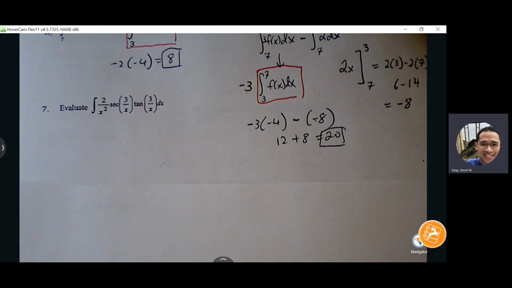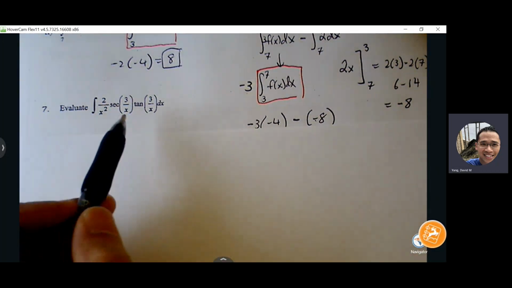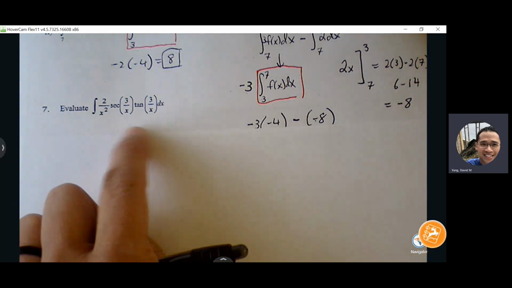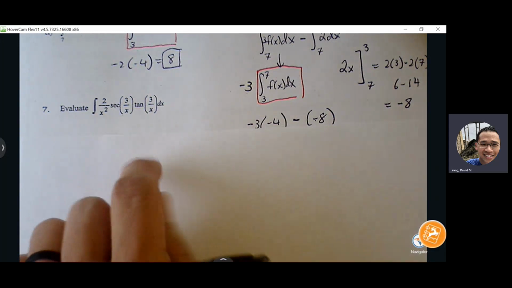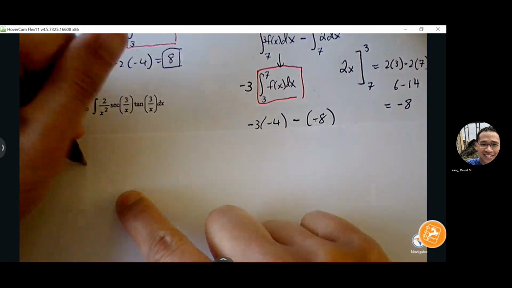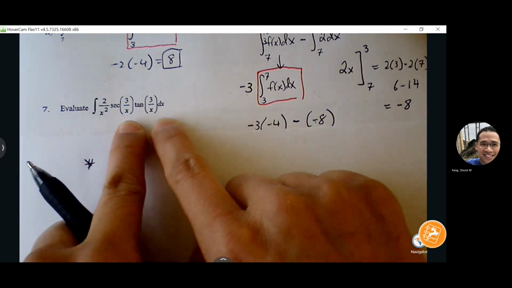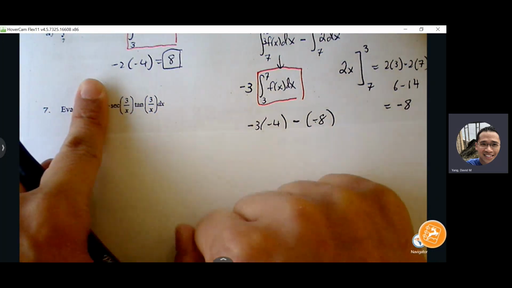Okay, we can't separate. So one thing I noticed is, I see a bunch of parentheses here. Is there something that you recognize, is there a rule that we can try to target towards? So imagine replacing these with u. Does that feel recognizable?